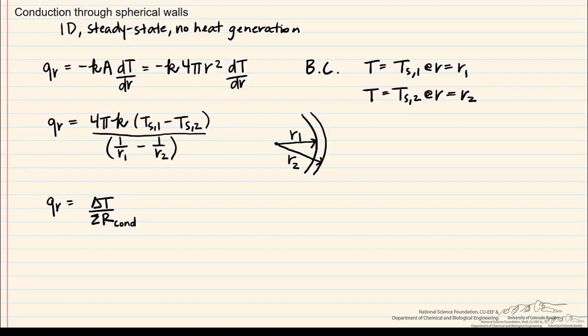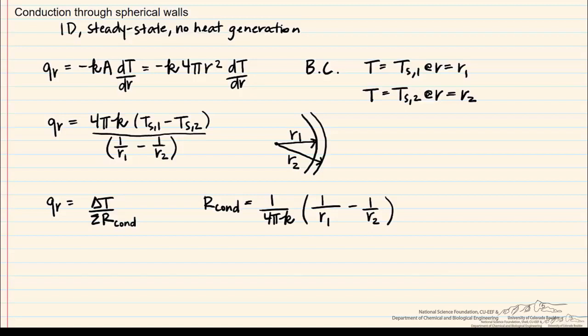So our conductive resistance is going to equal 1 divided by 4 pi k, all multiplied by (1/r1 minus 1/r2).